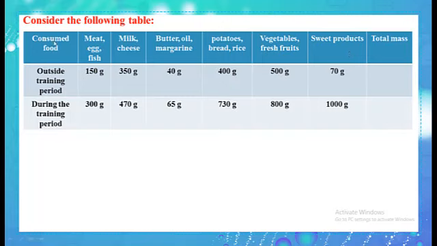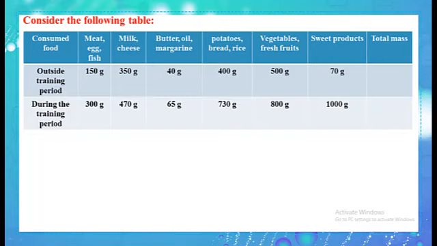While the consumed food during the training period, while we are doing exercise: meat, egg, fish were 300 gram, milk, cheese 470 gram, butter, oil, margarine 65 gram, potatoes, bread, rice 730 gram, vegetables, fresh fruits 800 gram, and sweet products 1000 grams.